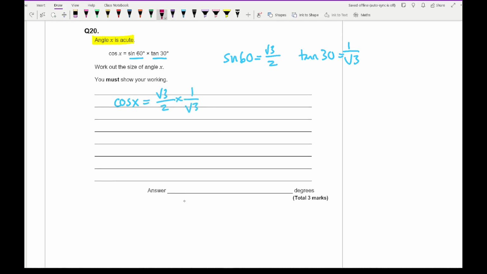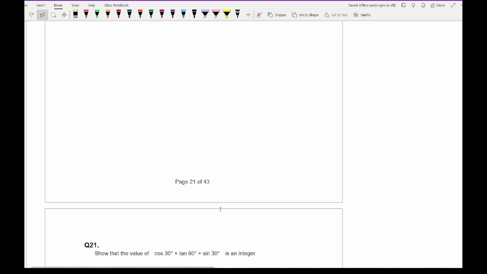Now what I can do from here is cancel the root 3. So all I'm left with is cos x equals a half. Now what I then need to do is recognise, well, what angle of x gives me cos x of a half? So if I go back to my table, I realise that actually cos 60 equals a half, so therefore x equals 60 degrees, and there is my final answer.